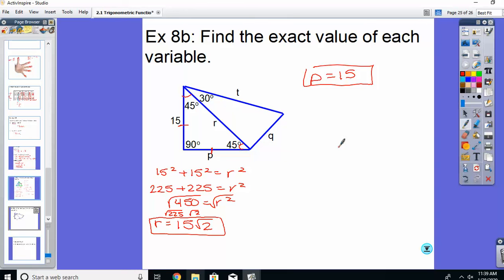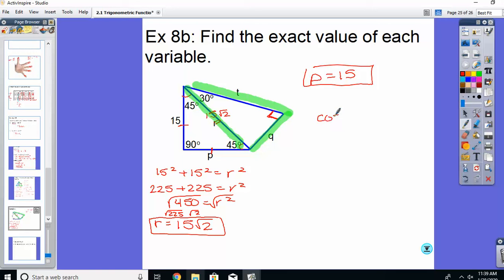Okay. Now I know that. Let's get T. I failed to draw this. This has to be a right angle, otherwise we can't solve this. So I am focusing on this triangle. The side I know is the hypotenuse. If I'm looking from my 30-degree angle, T would be my adjacent. What involves adjacent and hypotenuse? Cosine.